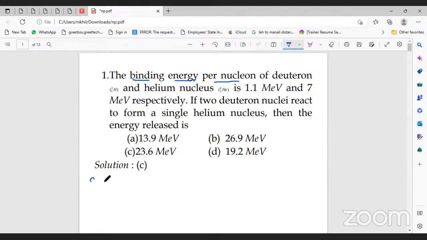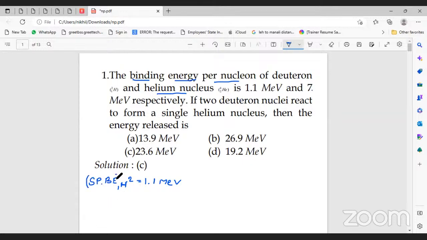So what is the specific binding energy of deuterium? Deuterium means 1H2. That is given as 1.1 mega electron volt. Similarly, the binding energy per nucleon for helium nucleus is 7 mega electron volt.